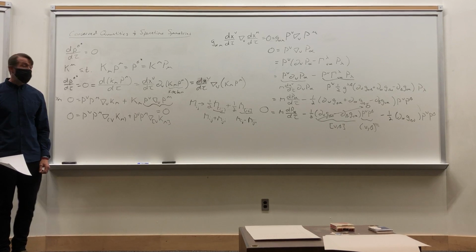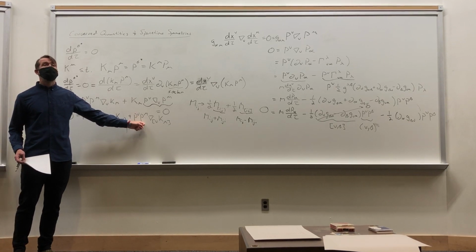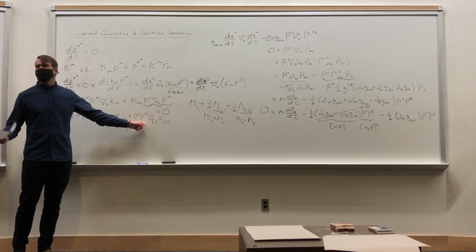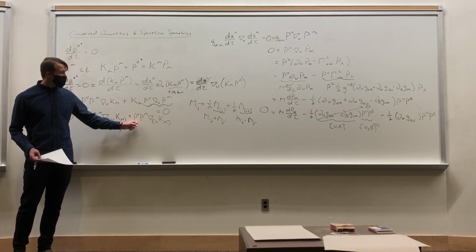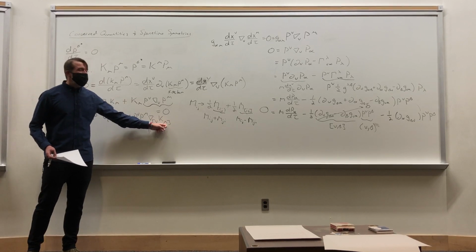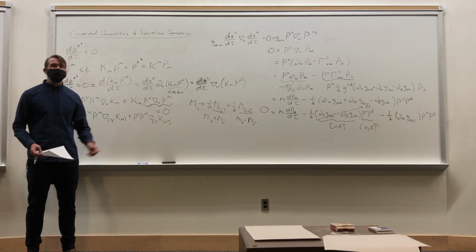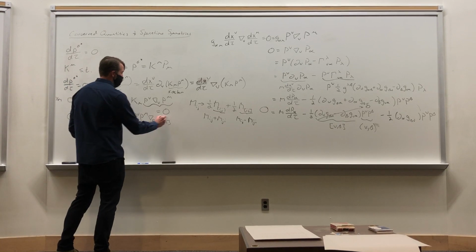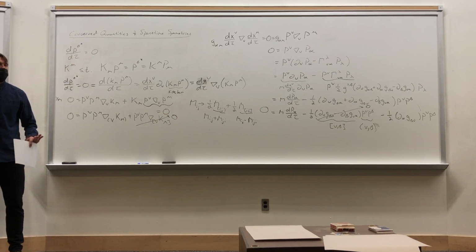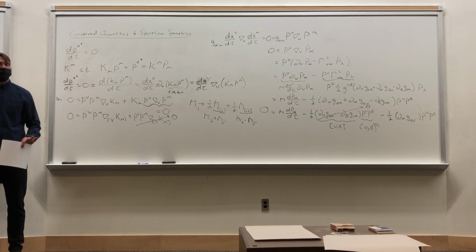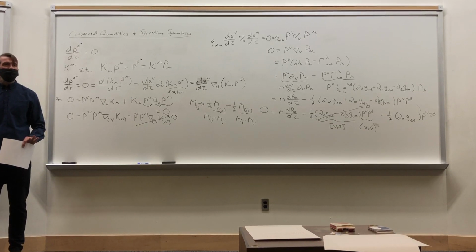Are you ready? What's this term? Thank you. This is the second time I've made this argument today. This is symmetric, this is anti-symmetric, and those indices are being summed over. So this is 0. Okay? Does anybody want me to repeat why that happens?